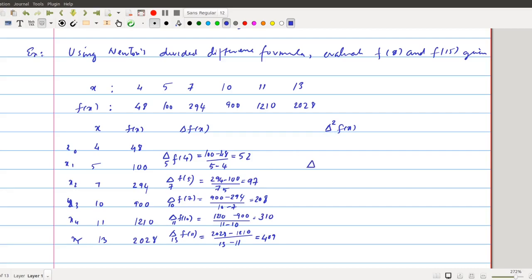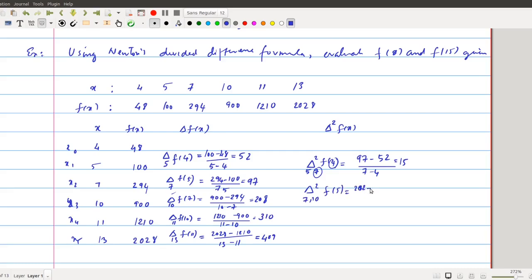That is denoted by delta square 5 7 of f of 4, and this is obtained by taking the difference between these two, 97 minus 52, that is f of 5 comma 7 and f of 4 comma 5, divided by the difference between these two numbers, 7 minus 4, that is equal to 15.